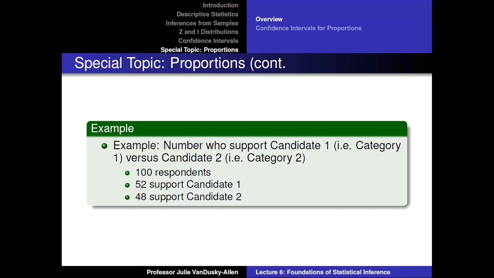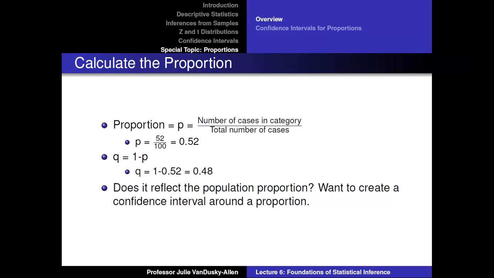Imagine there were 100 respondents and 52 of them said they supported candidate 1 and 48 said they supported candidate 2. This is how you would calculate the proportions for each category for this variable. The calculation for the proportion P is the number of cases in a category divided by the total number of cases. So in this example, 52 respondents said they supported candidate 1 and there were 100 total respondents, so 52 divided by 100 is 0.52.